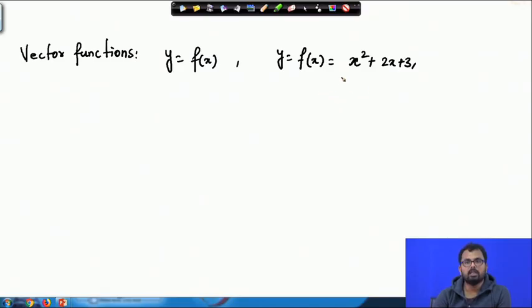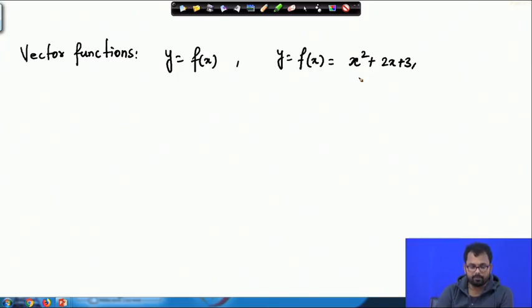Those are the scalar functions, functions of one variable. Now, how do we define vector functions? We know that vector quantities have direction as well as magnitude. So, how do we define functions related to that?